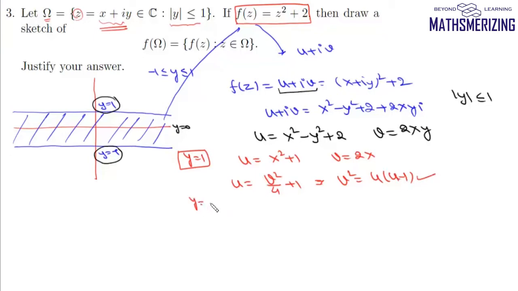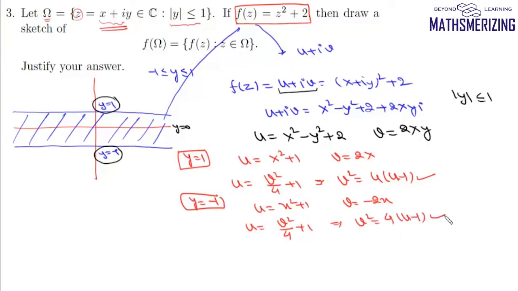Now we'll take y as -1. If we take y as -1, again we'll get u as x square plus 1, and v is minus 2x. Again we'll replace x with minus v by 2. So we'll get u equals v square by 4 plus 1. So again we'll get v square equals 4(u minus 1). So for both the boundary values 1 and -1, we are getting the same parabola, which is v square equals 4(u minus 1).